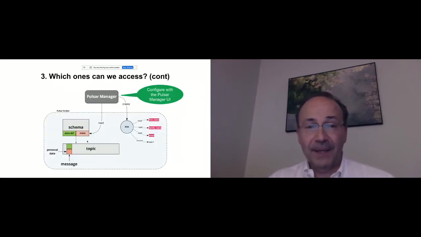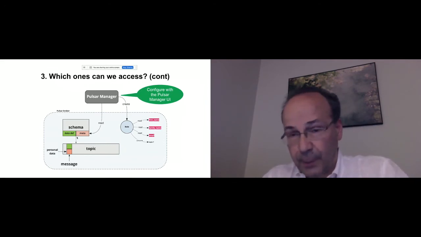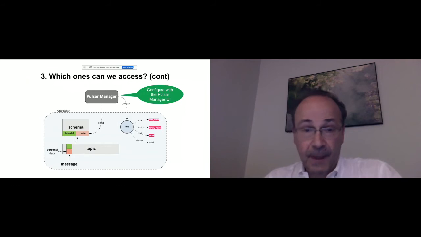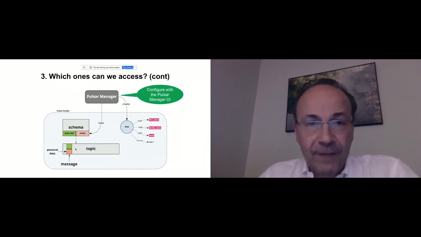So let's imagine the Pulsar manager reading the schema to find out what are the personal data and allow us graphically to create the role that we see on the right side and store it together with the other role data in the appropriate backend. We can imagine going even further.